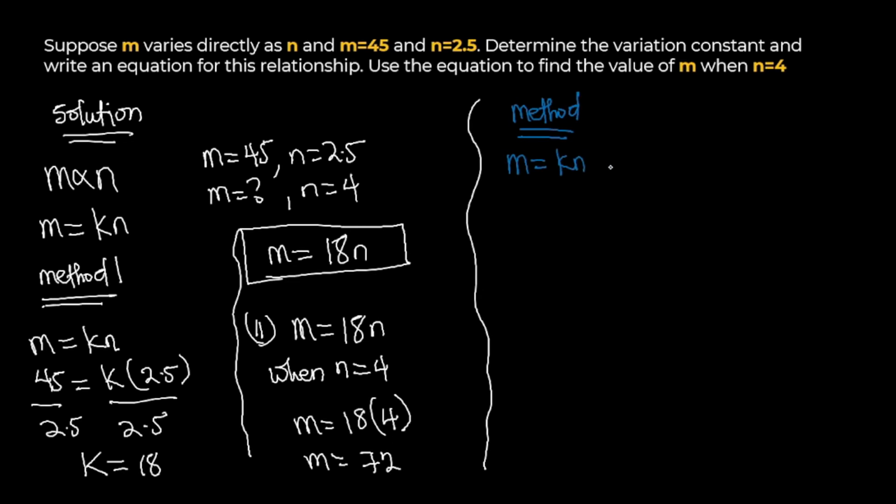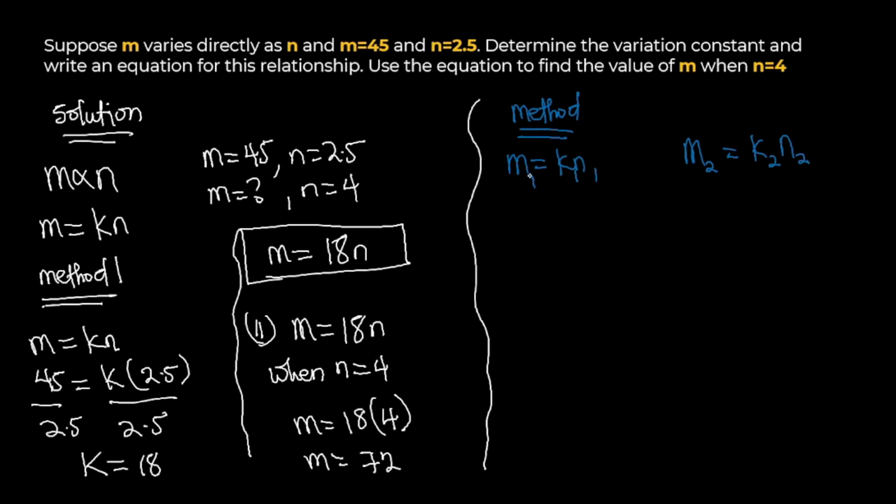kn. Okay, so we try to denote this by making it, let's say, m1 equals k1 n1. Then we write another one, let's say m2 is equal to k2 n2. Okay, so we first of all try to make k1 and k2 the subject of each of these equations.